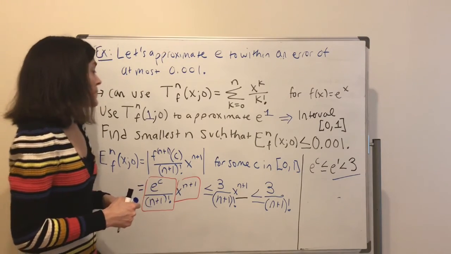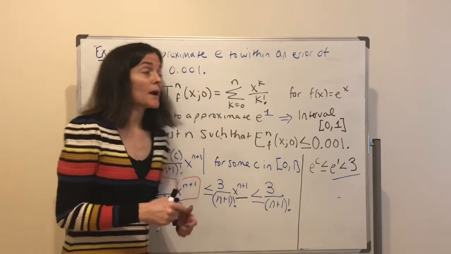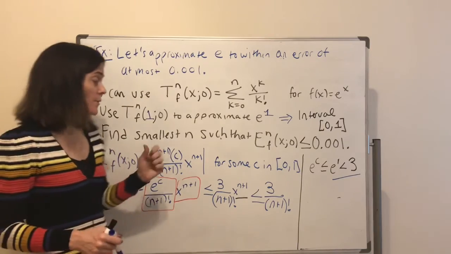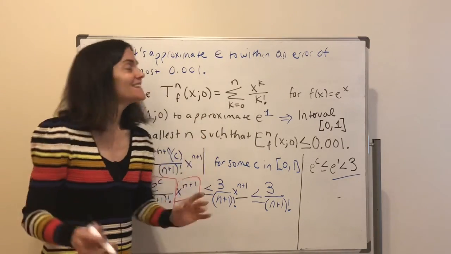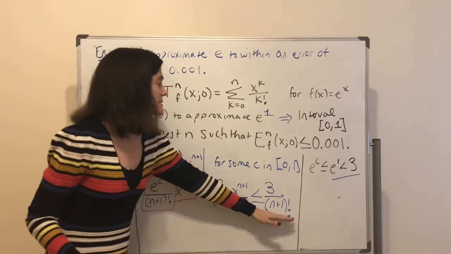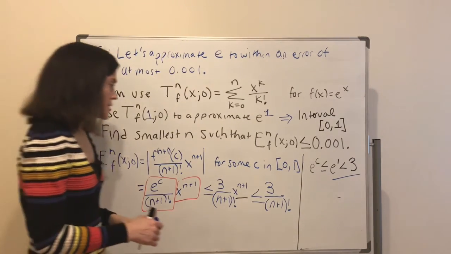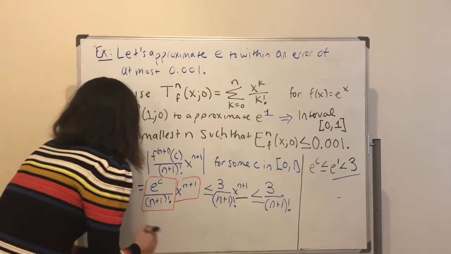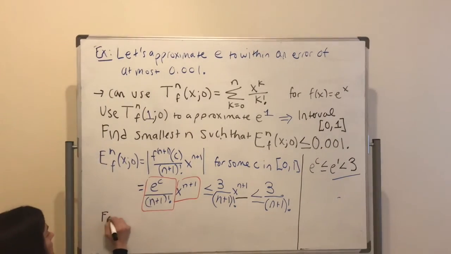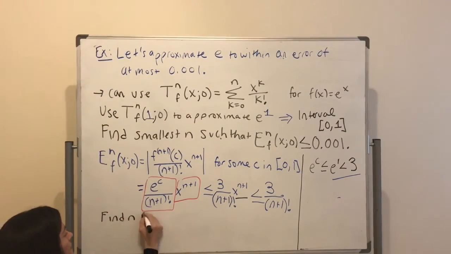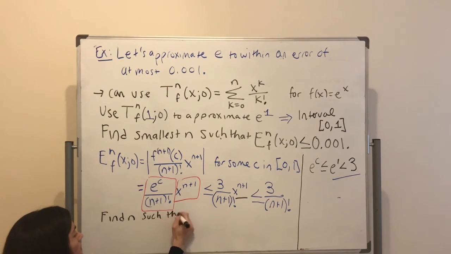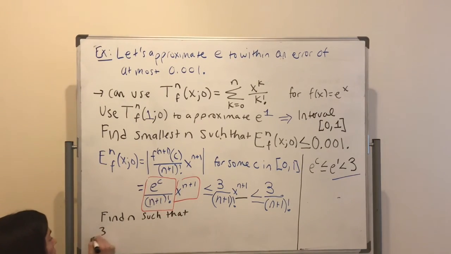Great. Now let's go back to what we're trying to do. I want to find n so that this is less than here. Okay? So I'll write this down below: find n such that 3 over n plus 1 factorial is less than, well, this.